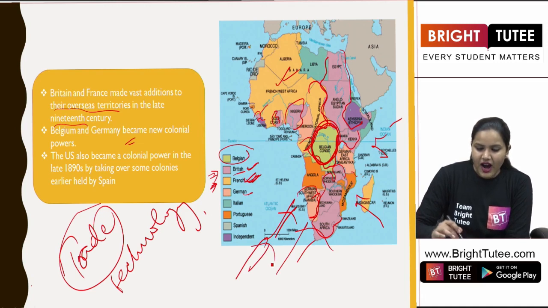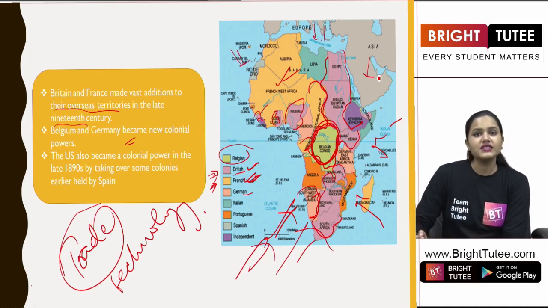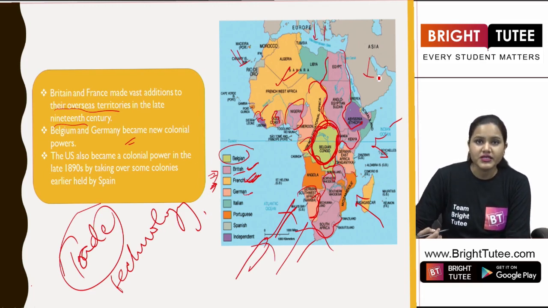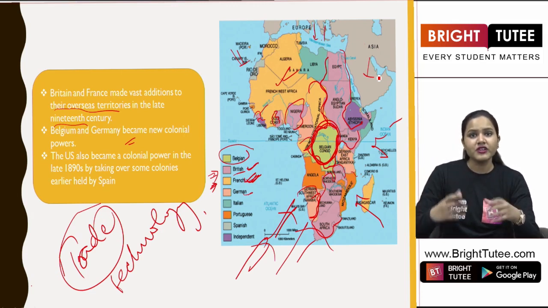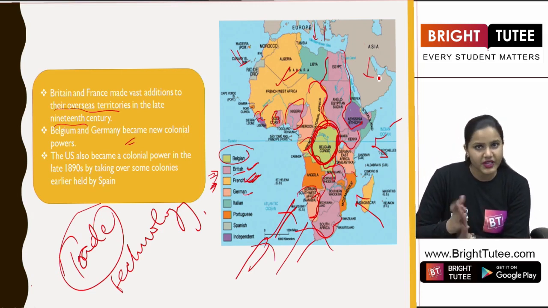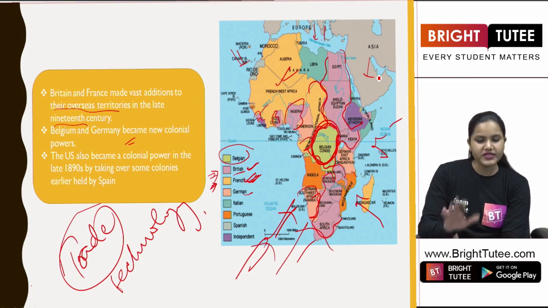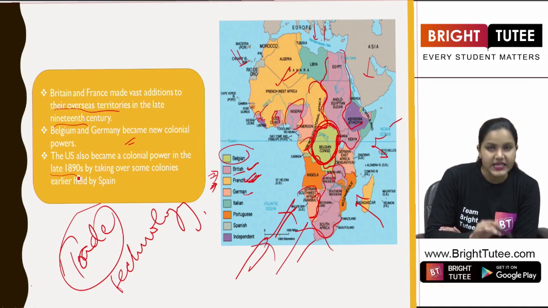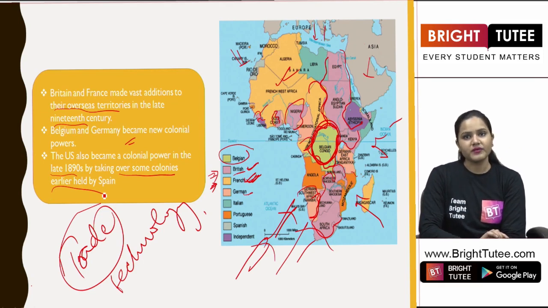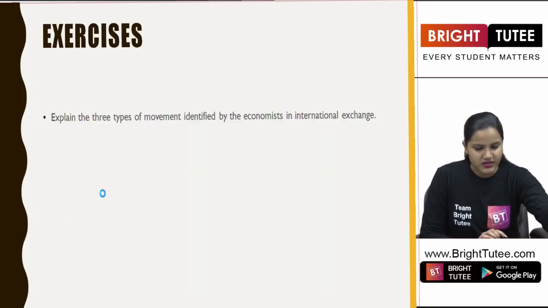So we see how these colonial powers are coming into these regions, trying to enhance this region, and also through conquest and colonialism, how are they trying to change the culture here or impart their own culture here. Right, students? So these are some of the points that you have to remember. The US also became a colonial power in the late 1890s by taking over some colonies held by Spain. So this is how all these European powers are coming together and taking on different regions.